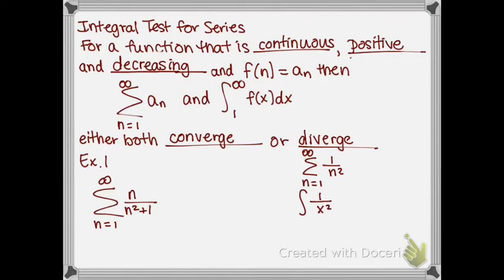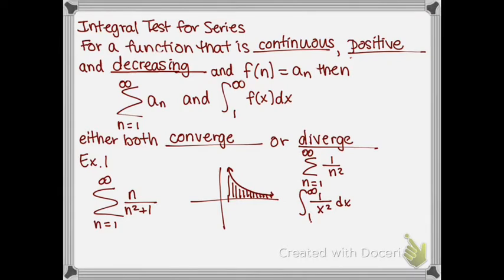So this function, 1 over x squared, if you think about what the graph looks like in the first quadrant, because we're only going from 1 to infinity, it looks very similar to the graph of 1 over x in the first quadrant. Past 1, that is a continuous function, it's positive and it's decreasing. So we could go ahead and try to evaluate that integral.